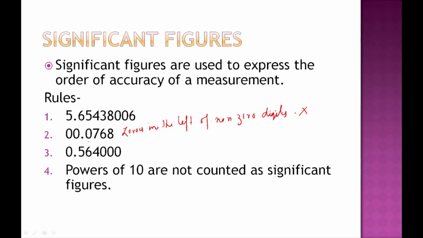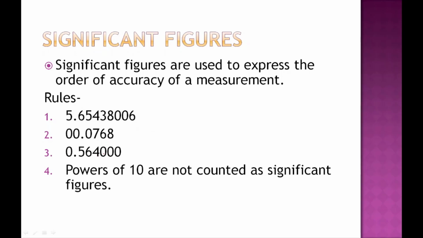As you can see in this example, 7, 6, 8 are non-zero digits, and these zeros are placed to the left of non-zero digits, so these three will not be considered significant. So in this example, there are only 1, 2 and 3, only 3 significant figures or significant digits.